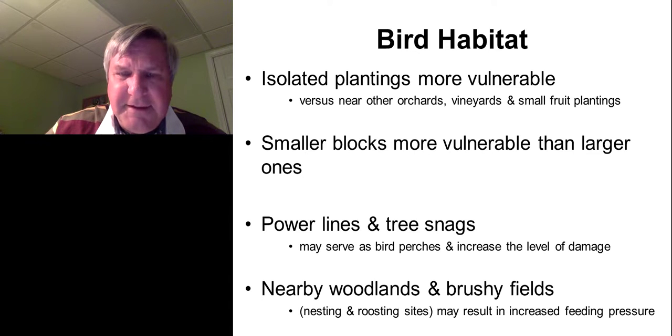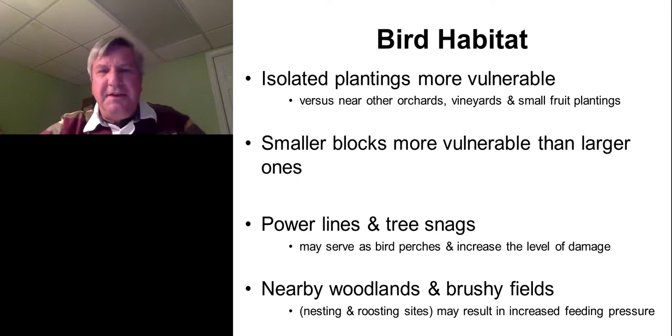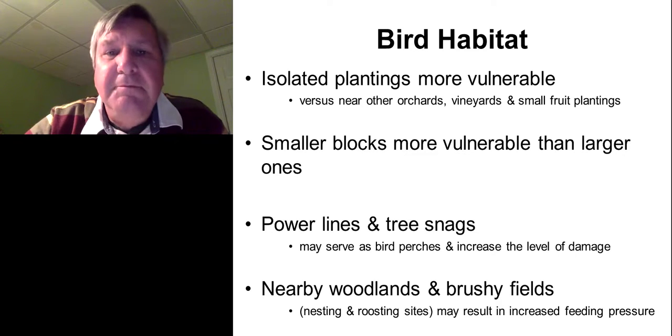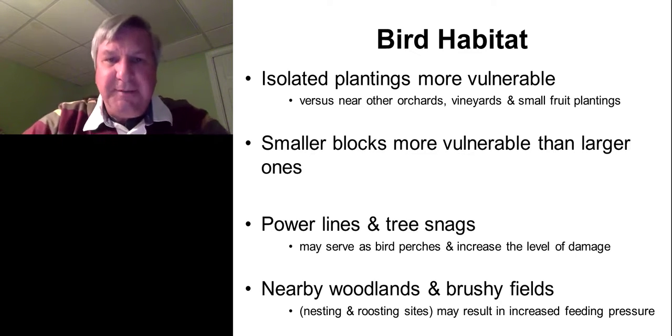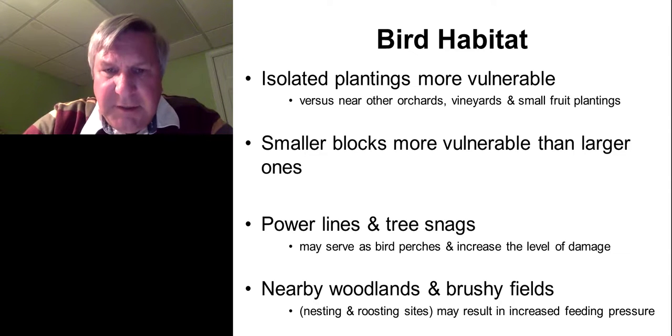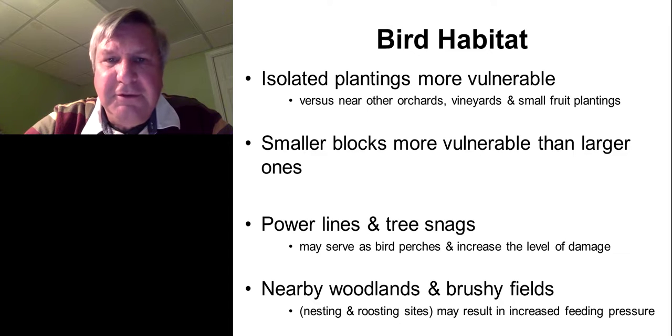When we talk about habitat modification as one of the steps to mitigate loss or damage, it's important to remember a few things about bird habitat that contributes to the problem. Isolated plantings are more vulnerable than big plantings.